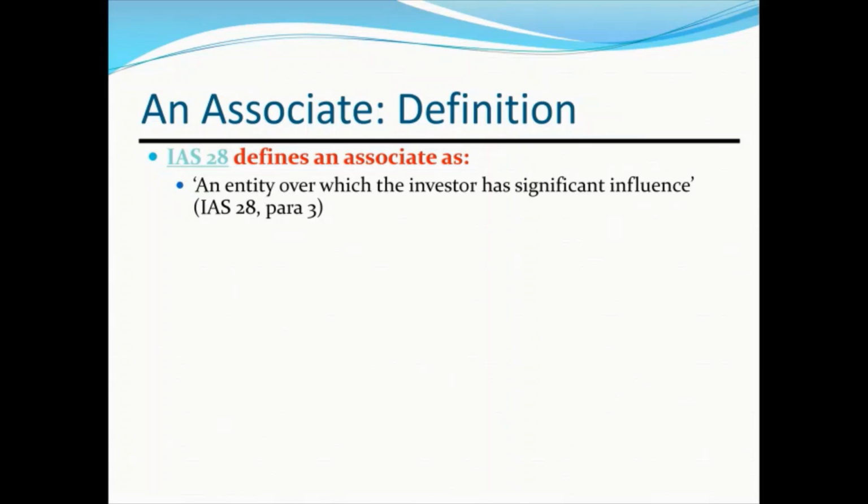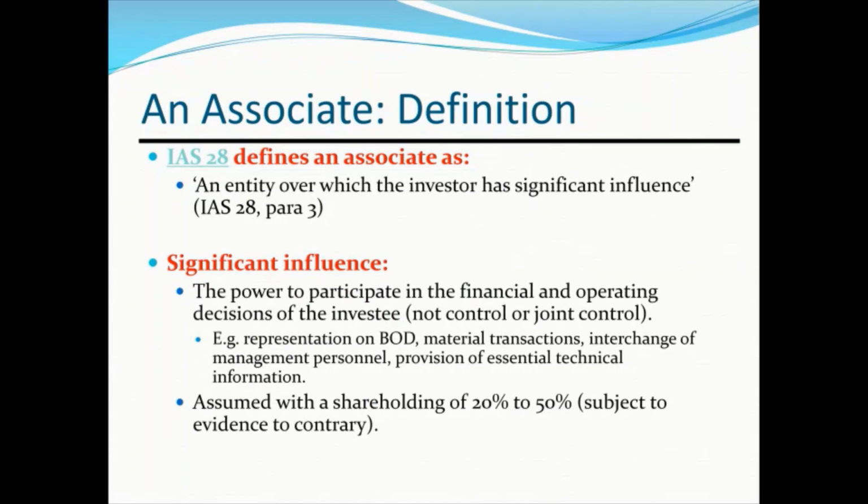On the other hand, significant influence gives the investor the power to participate in the financial and operating decisions of the investee. This is slightly less influential than control. So it is neither control nor joint control: control in the case of a subsidiary and joint control in the case of a joint venture.